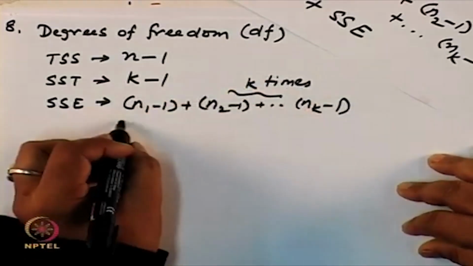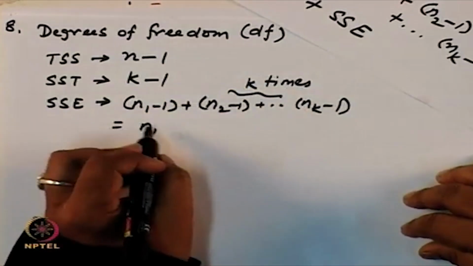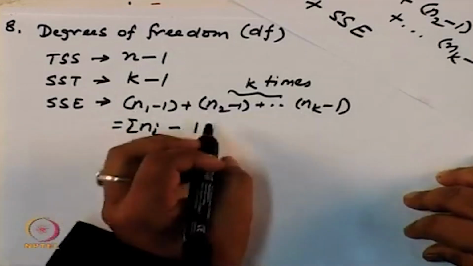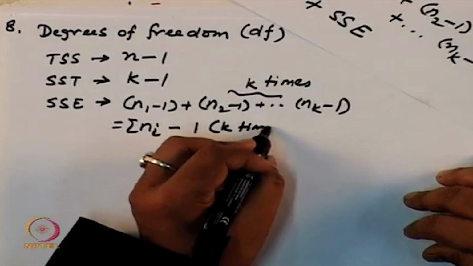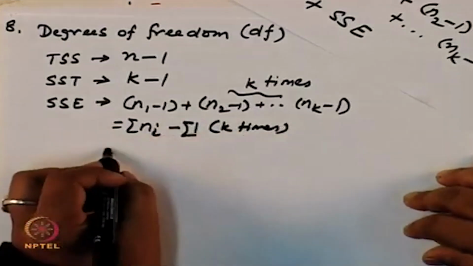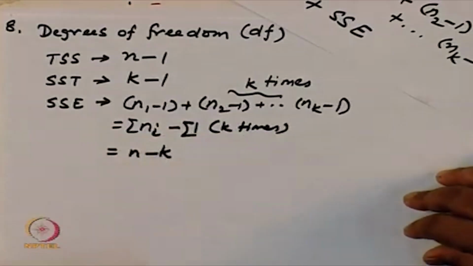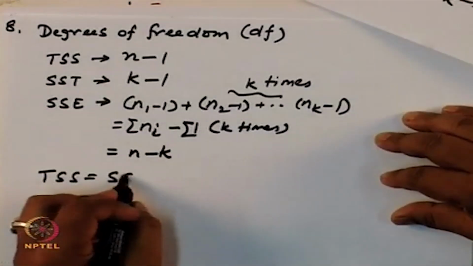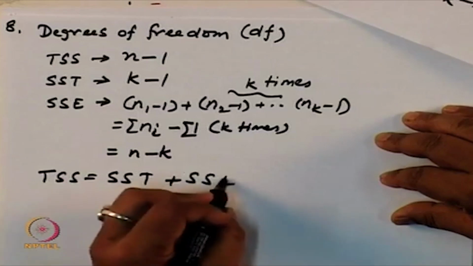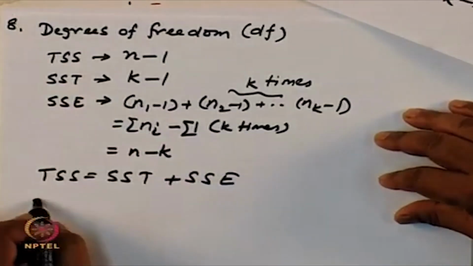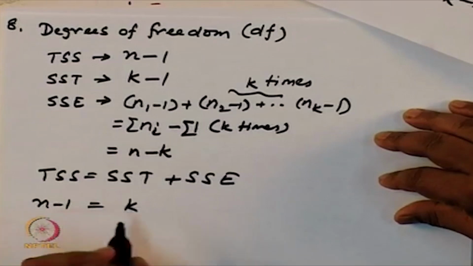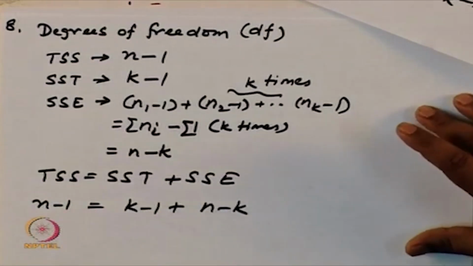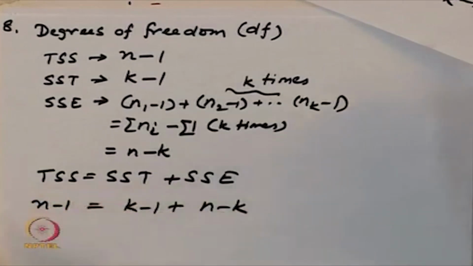You can simplify this: the summation of ni gives n terms all together, minus 1 which is k times, which is nothing but n minus k. Given that TSS equals SST plus SSE, the degrees of freedom n minus 1 equals k minus 1 plus n minus k. So, the degrees of freedom also add up.